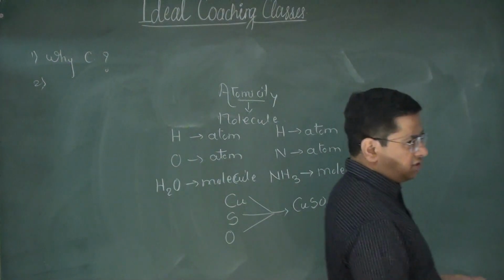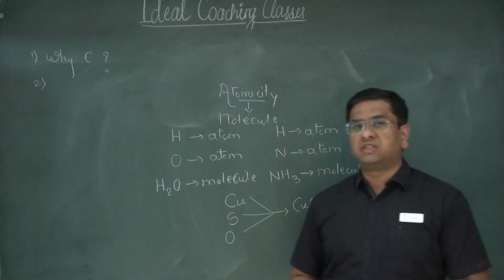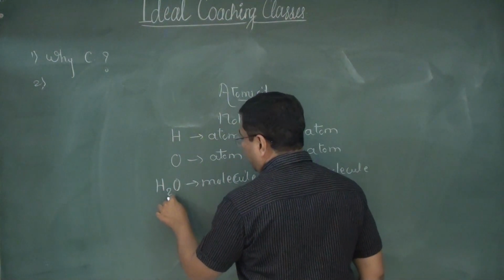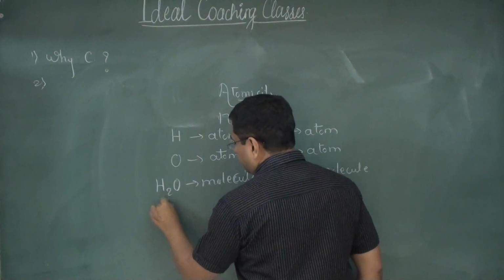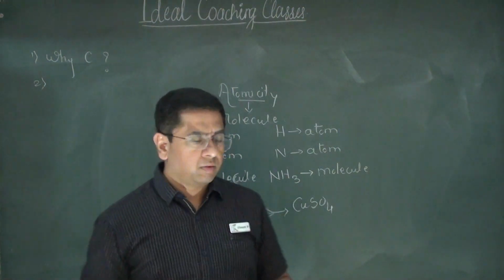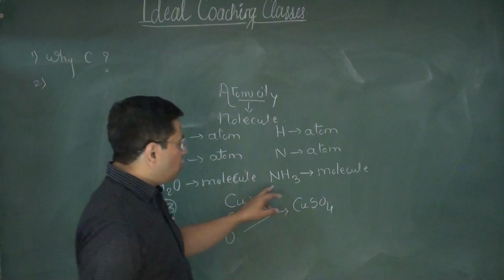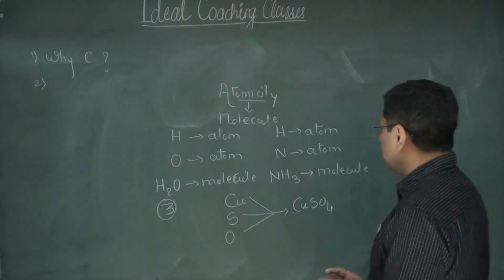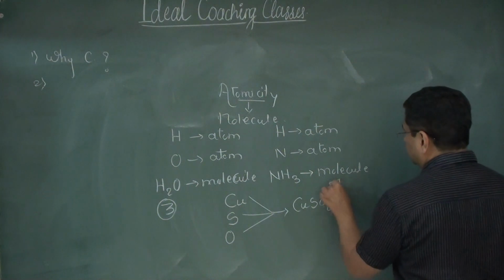Water. If someone asks me, what is the atomicity of water? 2 hydrogen atoms, 1 oxygen. The atomicity is 3. Simple. What is the atomicity of ammonia molecule? The atomicity is 4.